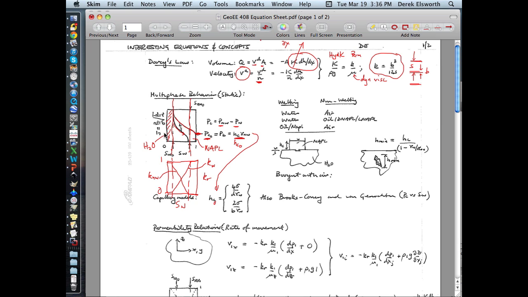This value here is also, you'll remember, you've used in a Leverett formulation. This is a J value equal to about 0.3, I think we've used. And so there's a whole bunch of correlations you can use. You should know your way around these diagrams, because that's quite important. So that's a basic behavior.